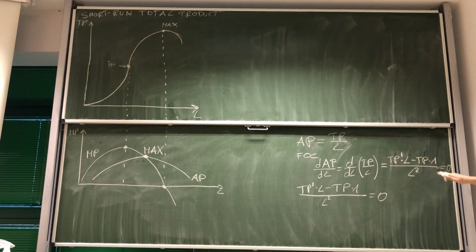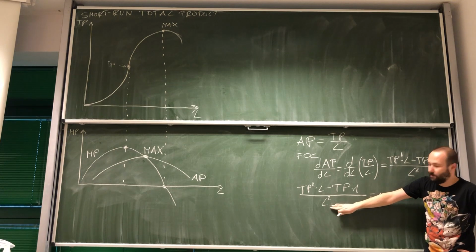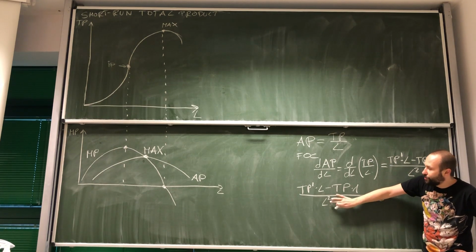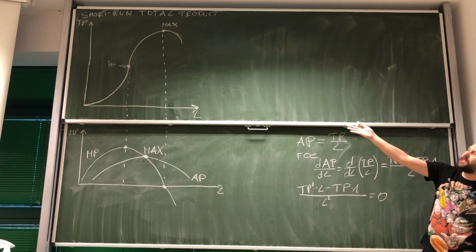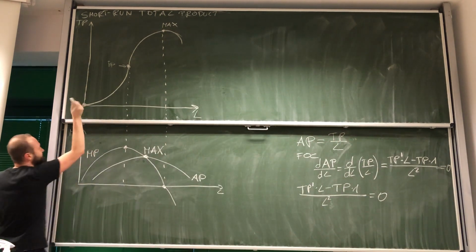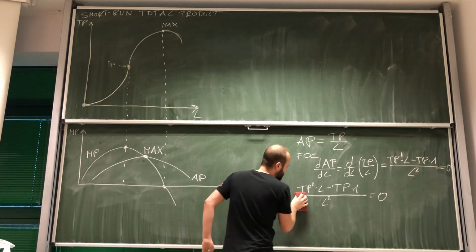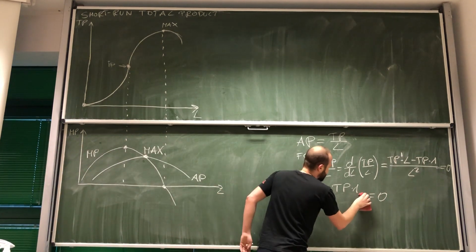Now look, in this circumstance, we cannot get 0 by dividing this expression by anything, right? And we also cannot divide by 0, so we exclude, of course, the possibility of L being 0, giving us the maximum level of production. So actually, we don't need this. Let me just erase it.